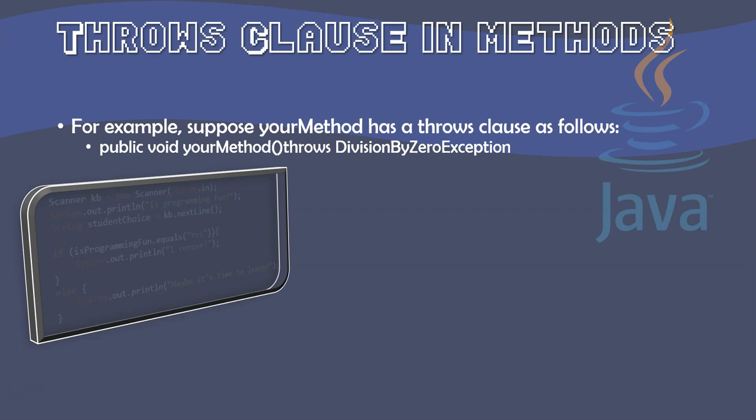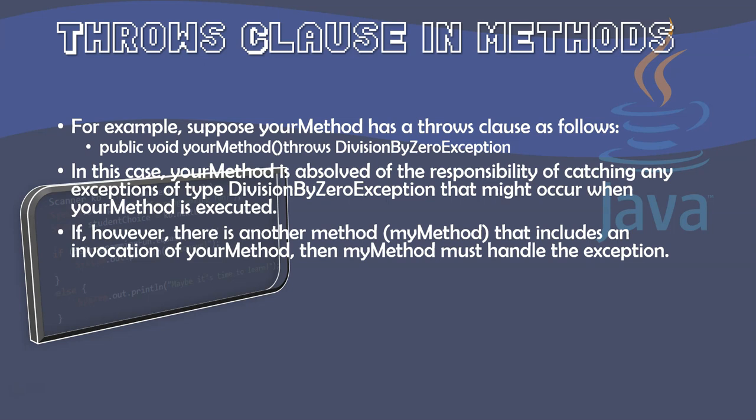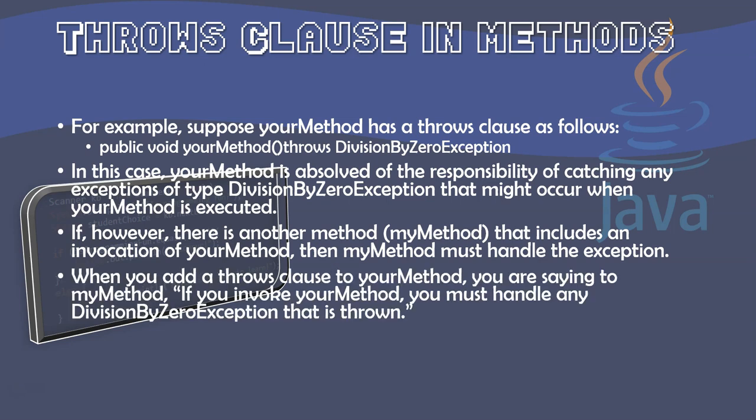So for example, if we have a method that is going to throw a division by zero exception, the method is, in this case, absolved of responsibility for catching any exceptions of type division by zero exception that might occur when the method is executed. If, however, there's another method, let's say one called myMethod, that includes the invocation of your method, then myMethod would have to handle that exception because it's invoking your method, which has that possible throws in it.